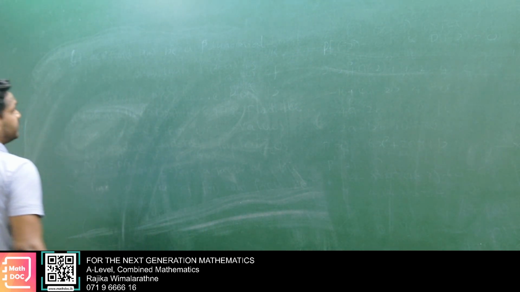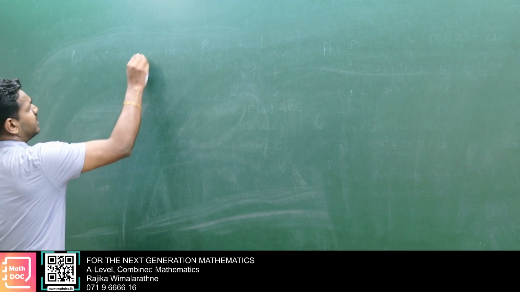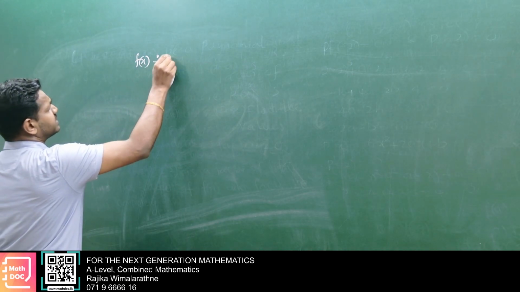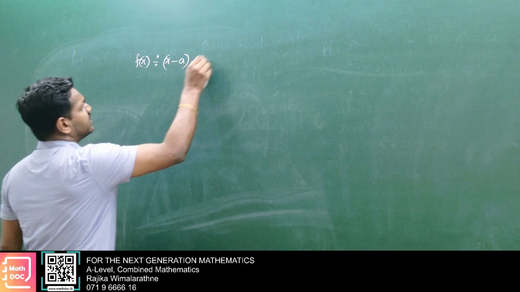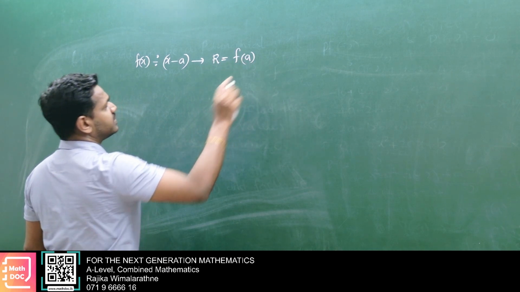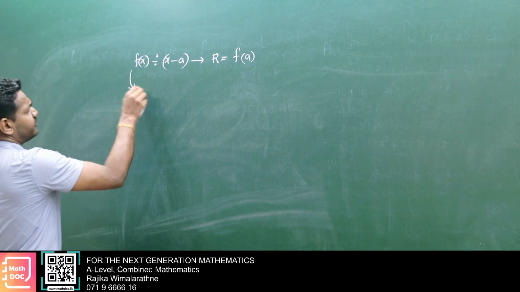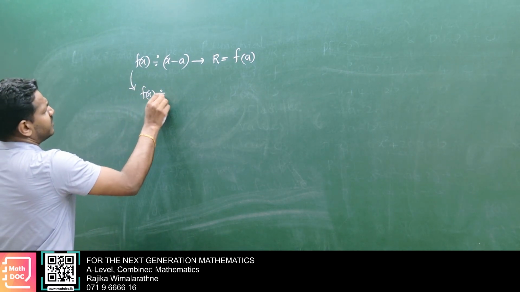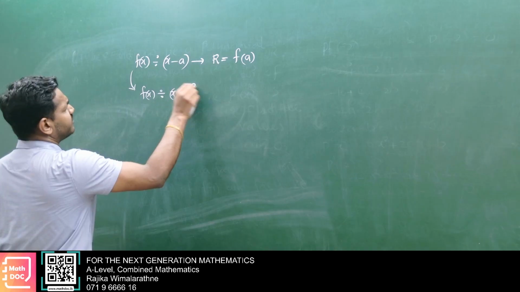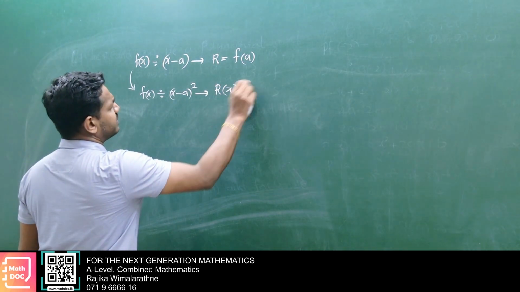Now say this one. f(x) divided by x − a, the remainder we call f(a), no? This is the division algorithm. Now here I'm going to divide this f(x) by (x − a)² and need to find the remainder.